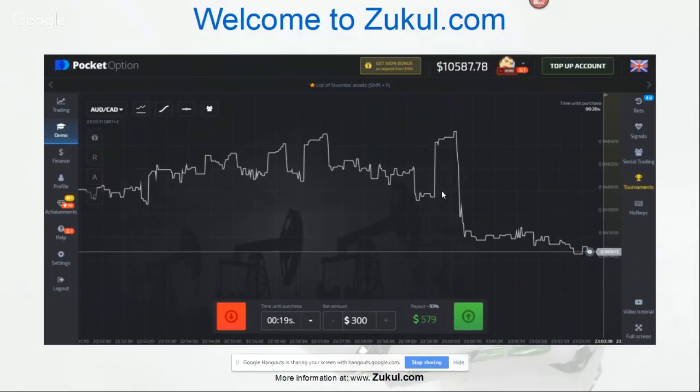So that is what we're looking for: opportunities to bet or guess, whichever term you want to use, which way the price is going to go. You can see here where the price is at the time when I took this screenshot. So it's about guessing whether the price is going to go up or down, and we would then click one of these buttons to make that bet, if you like.